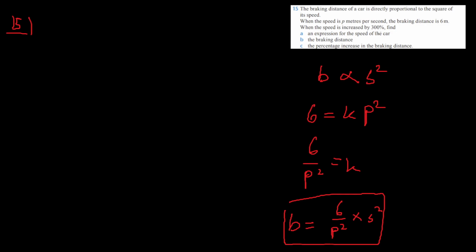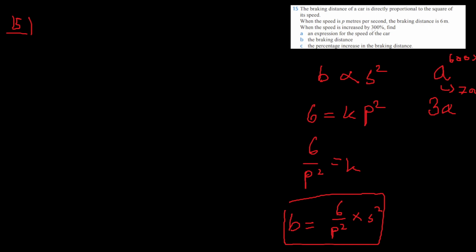If we want to turn percentage into algebra, let's say our speed is A. If we increase this by 200%, our algebra is going to be 3A. Or if we want to increase A by 600%, the algebraic value is going to be 7A.